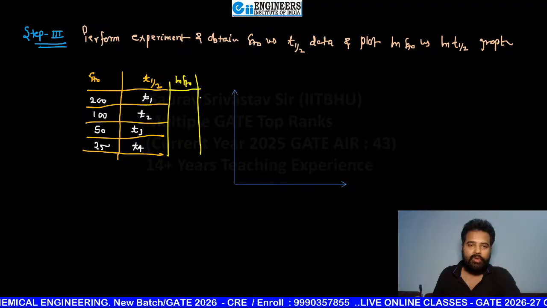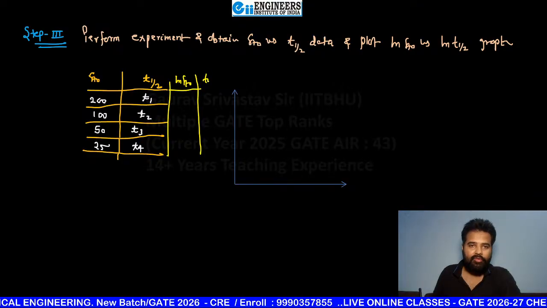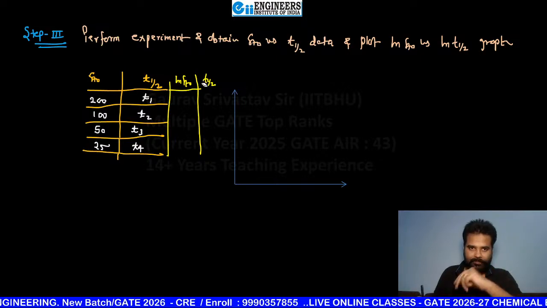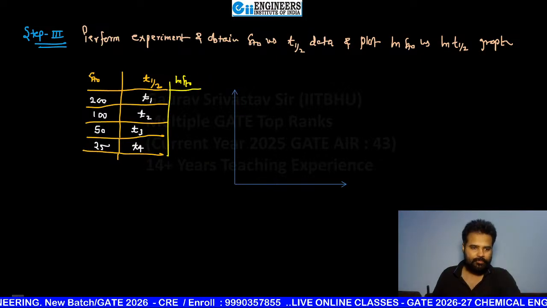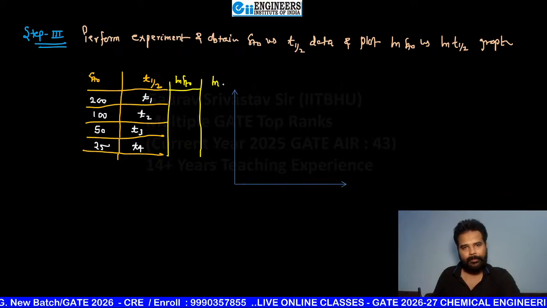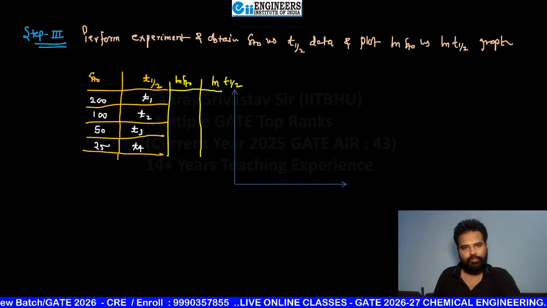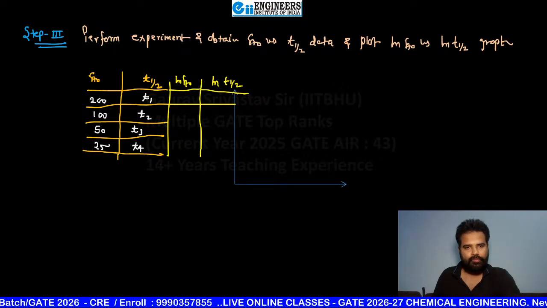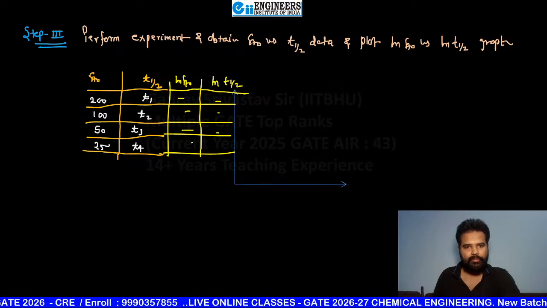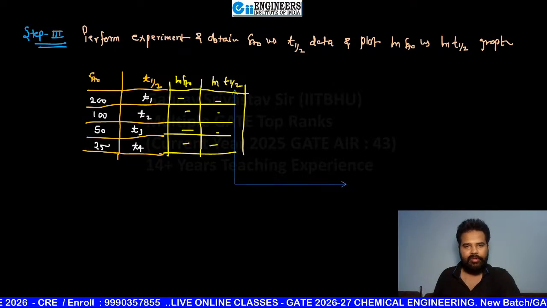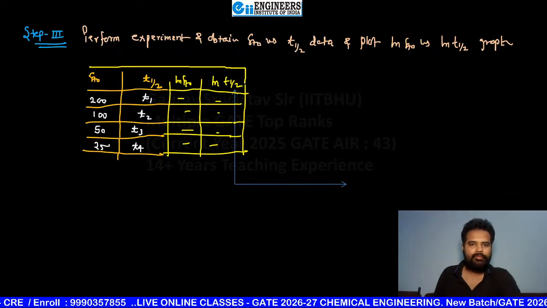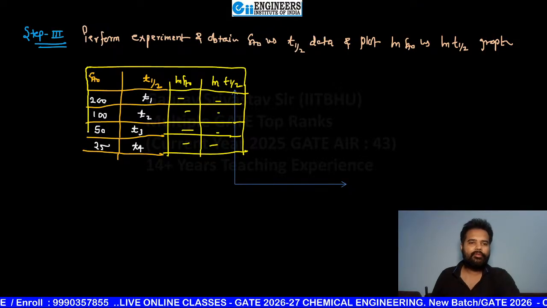With respect to every T half you can obtain the value of ln of T half. Okay, just obtain this and now plot the graph.